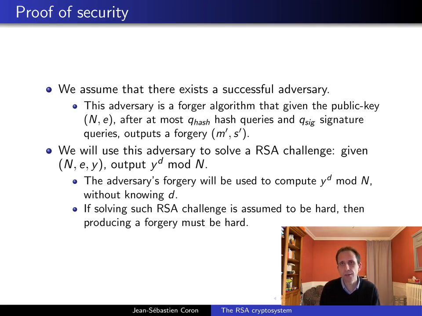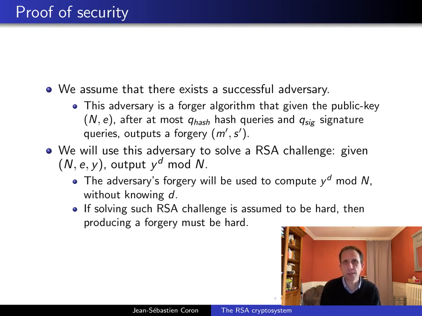And then we are going to use this forger to solve our RSA challenge. So we are given as input, initially, n, e, and y, and our goal is to use the forger to compute y to the d modulo n. So we are going to use the forgery that is being returned by the adversary to compute this y to the d modulo n without knowing d, of course.